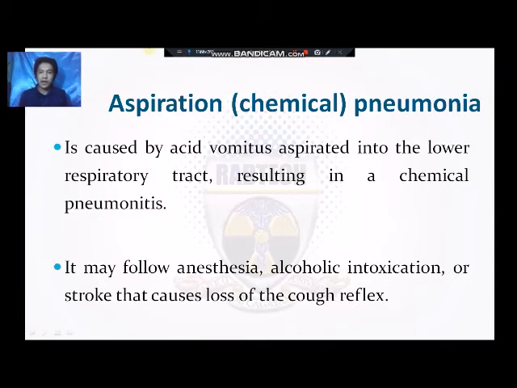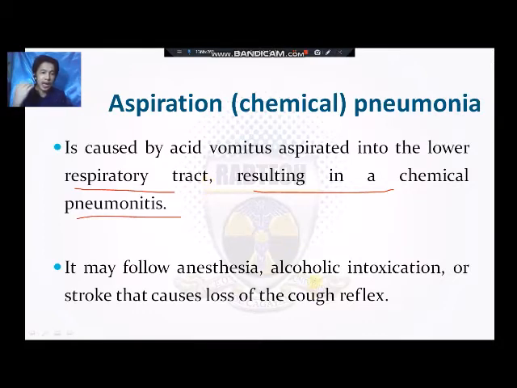Okay, and then we also have aspiration pneumonia. It is caused by acid vomitus aspirated into the lower respiratory tract, resulting in chemical pneumonitis. So basically, the patient vomited, and when the patient vomited, some of those vomitus has been aspirated, no, and entered the respiratory tract of the patient.